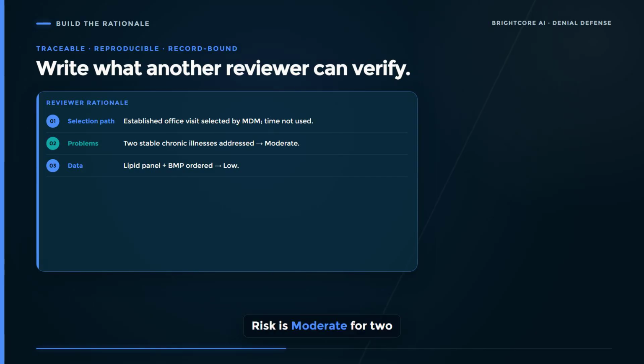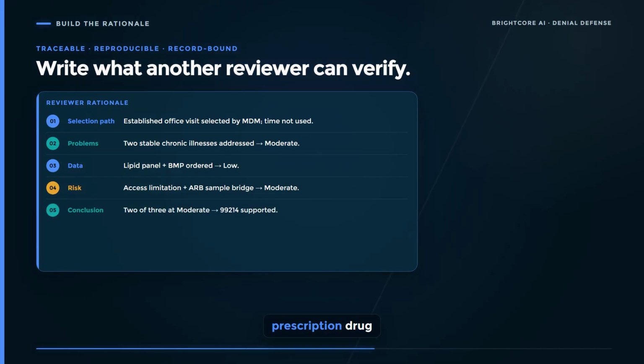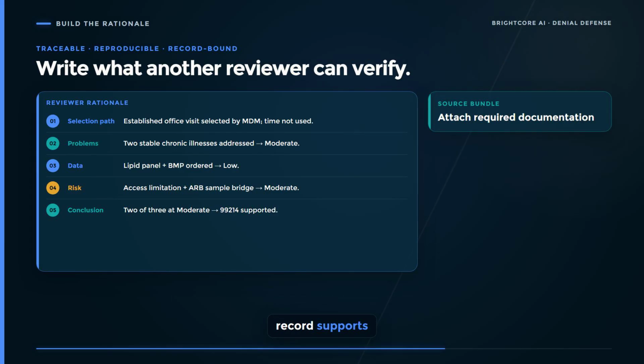Risk is moderate for 2 documented reasons. The pharmacy closure significantly limited access to the prescribed treatment, and providing the ARB samples constituted prescription drug management. With 2 of the 3 MDM elements at moderate, the record supports Moderate MDM and 99214.